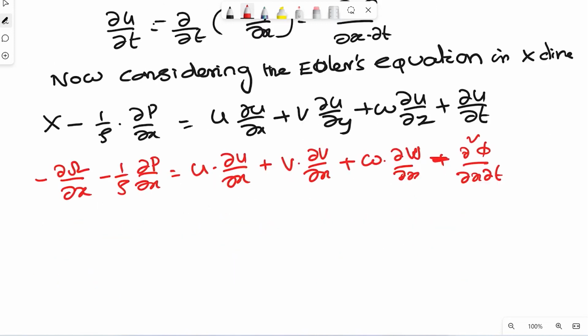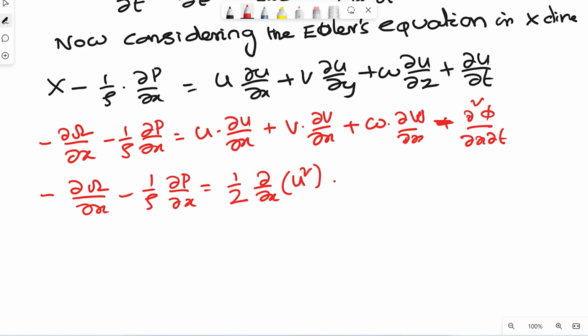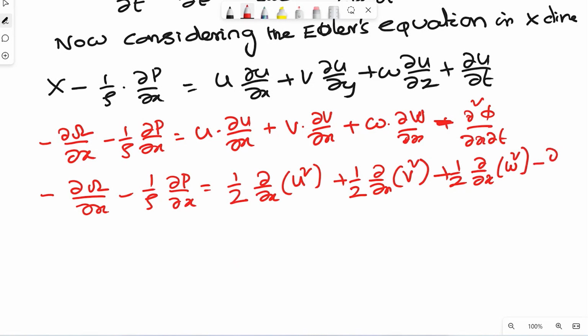Again, I will move a little. So it is minus ∂Ω/∂x minus 1/ρ ∂p/∂x. This I can write as half ∂/∂x of u² plus half ∂/∂x of v² plus half ∂/∂x of w² minus ∂²φ/∂x∂t. This is the equation.